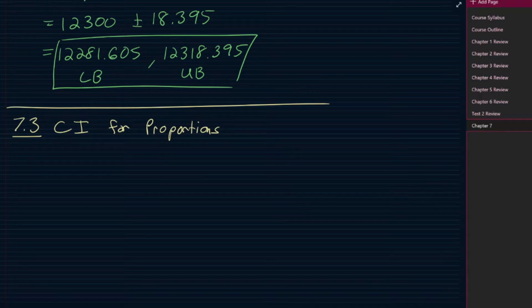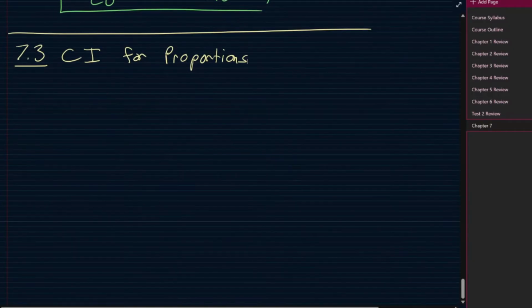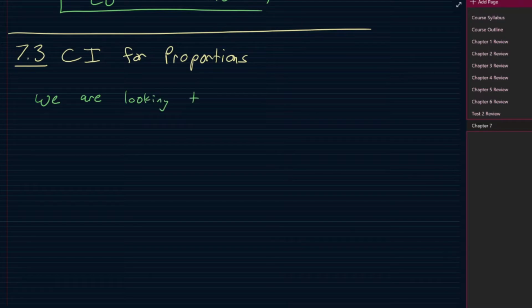And so the formulas in these, basically, we are looking to find the true proportion, which is called P. That's the true population proportion, I guess I should say.